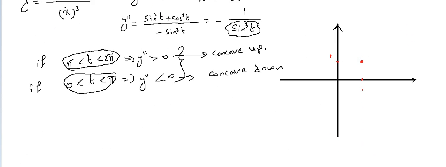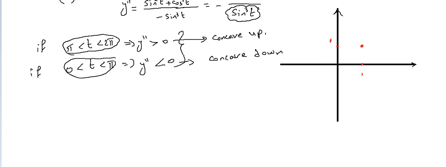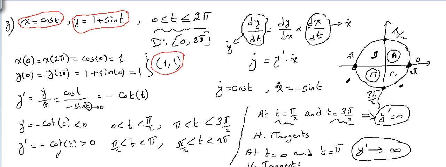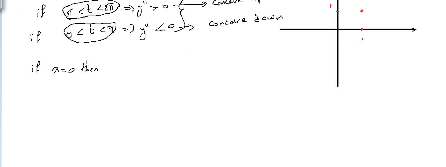Let's first find the points of intersection with the x-axis and y-axis. I forgot to do that. If x equals 0, then, since x was cosine t, cosine t is 0.